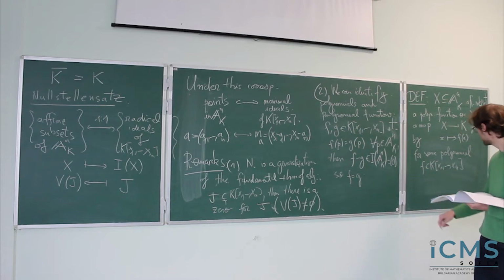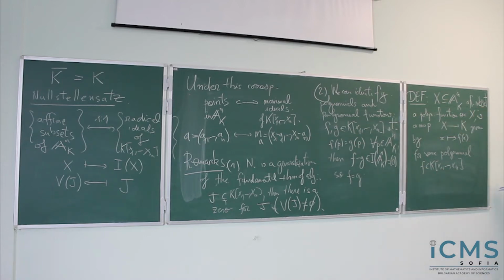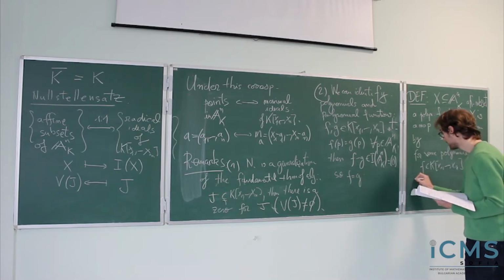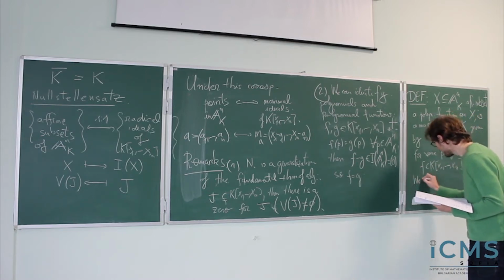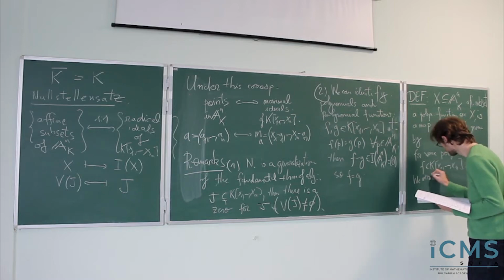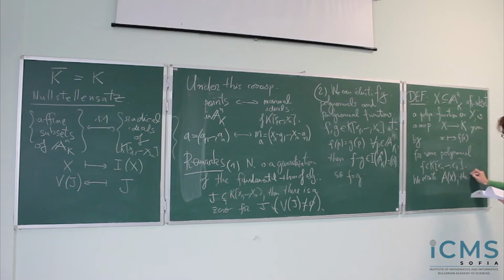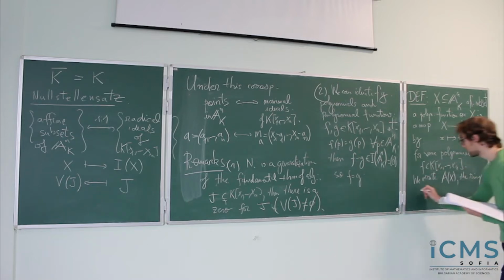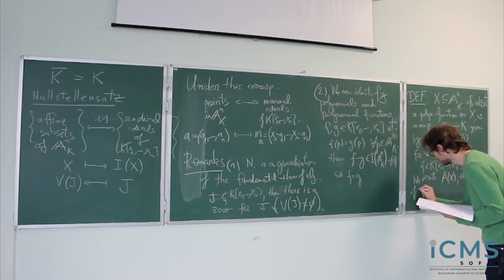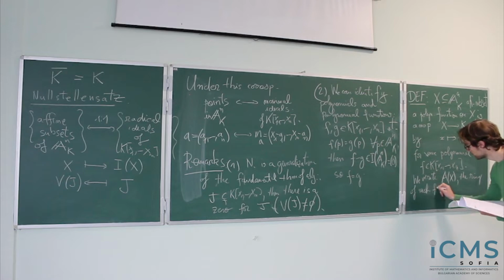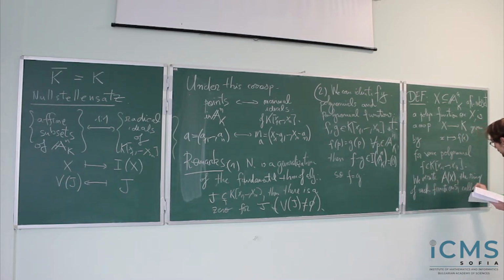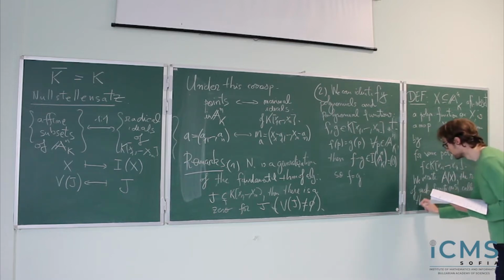And we have a notation for all these types of functions. We write A(X) for the ring of such functions, called the coordinate ring.